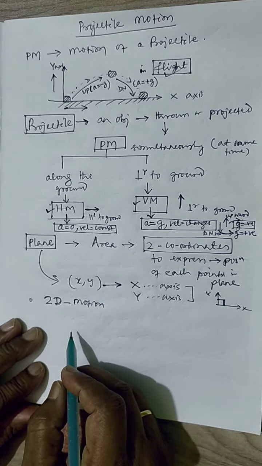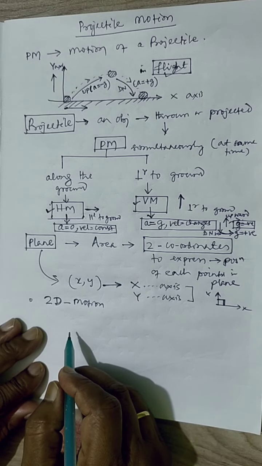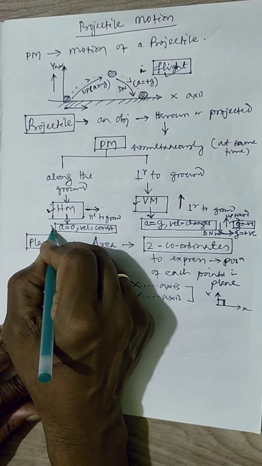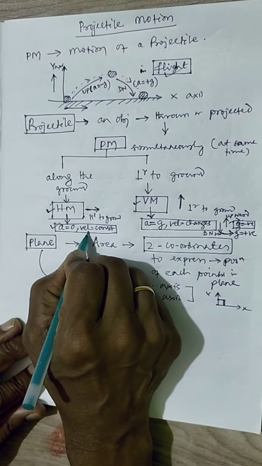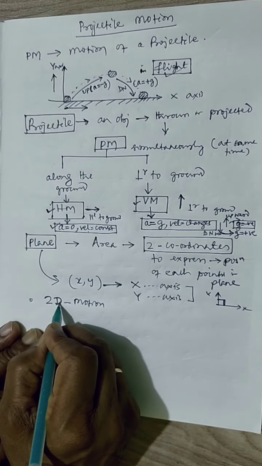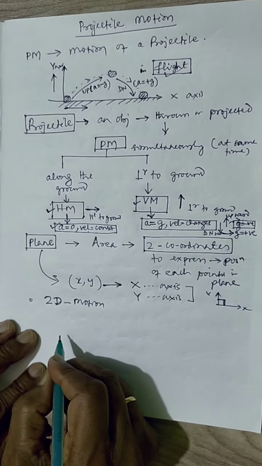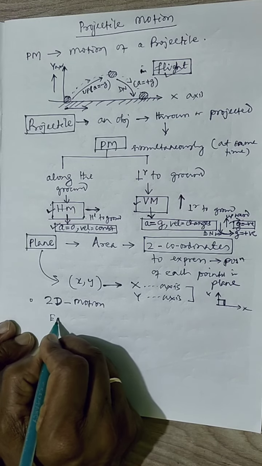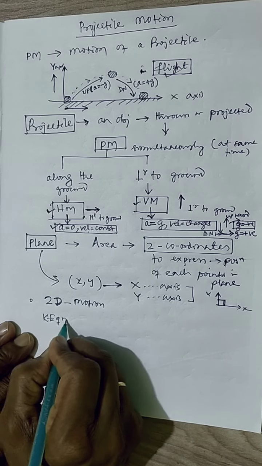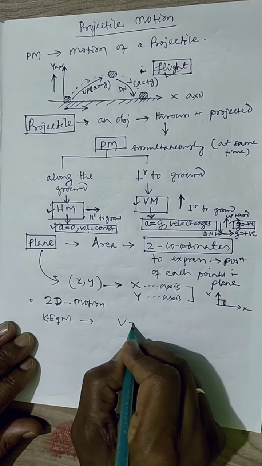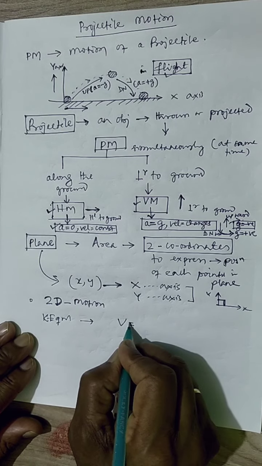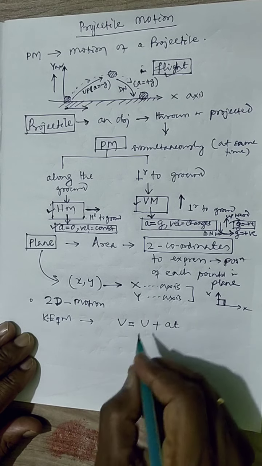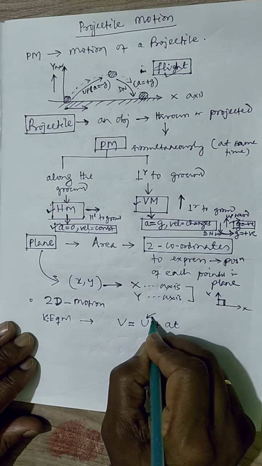Now, during horizontal motion, acceleration is 0 and velocity remains constant. As we have studied in earlier class, kinematic equations are: one is v equals u plus at, where u is the initial velocity of an object.